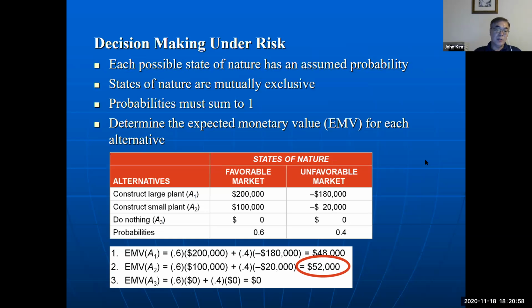And then decision-making under risk. If we have certain probability information, the chance of a favorable market is 60%, and the chance of an unfavorable market is 40%.